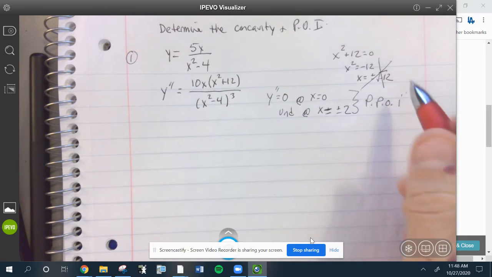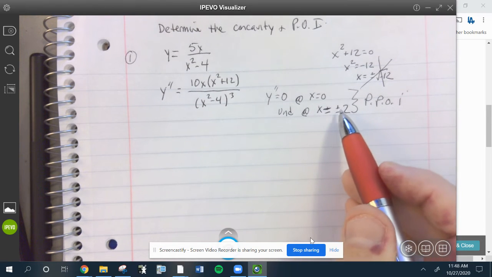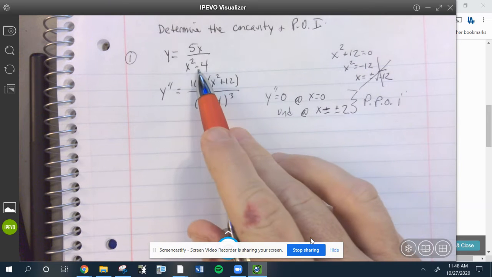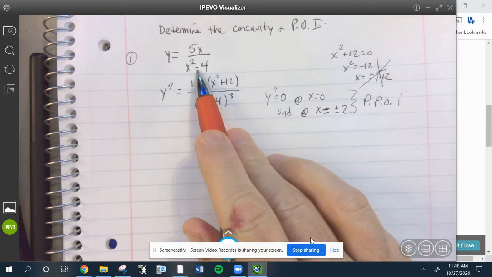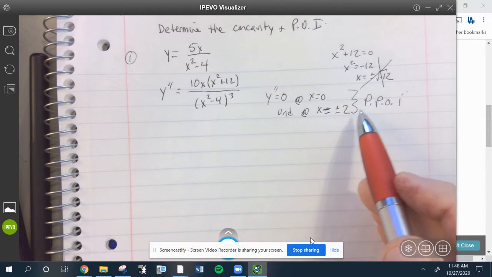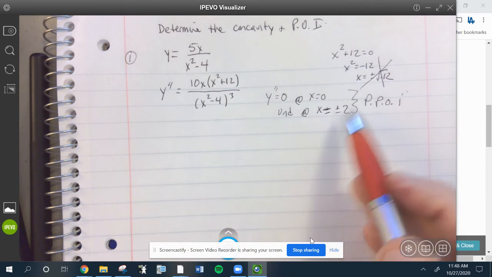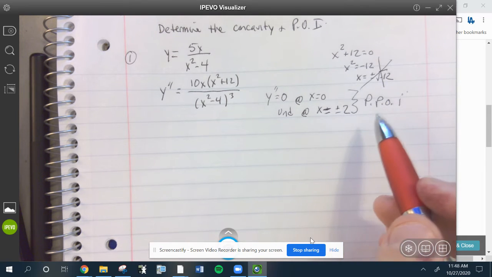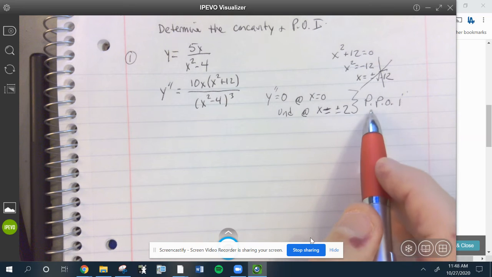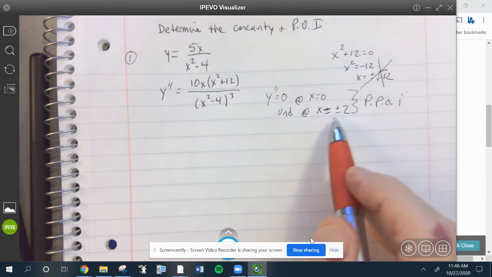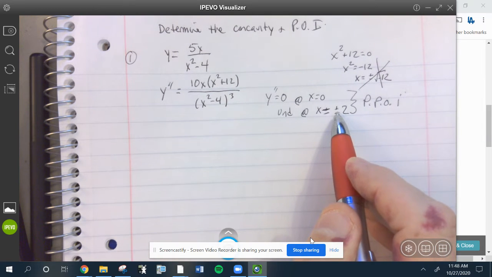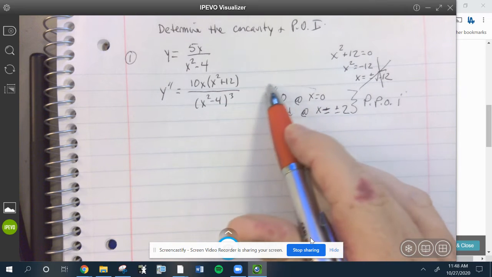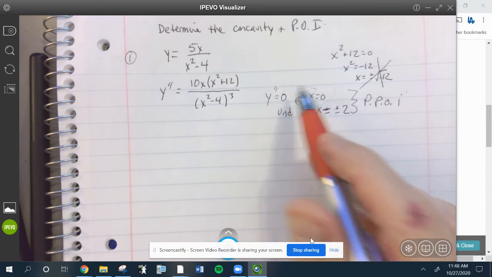Now, if you think about it now, you can eliminate plus or minus 2. They can't be points of inflection if they're asymptotes, and they are. But you could consider them possible right now and eliminate them later. So possible points of inflection is not that strict on your definition. So you may include the asymptotes, or you don't have to. But x equals 0 must definitely be a possible point of inflection.